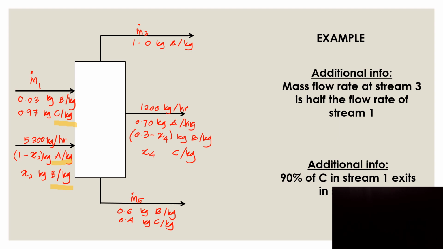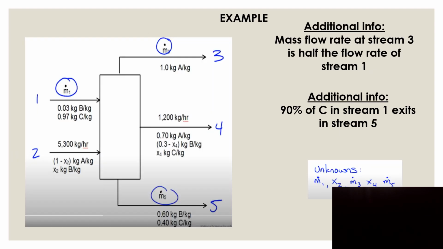And here we have additional info provided in this question. Mass flow rate at stream 3 is half the flow rate of stream 1. Okay, later I will show you. Yeah, for this, the second additional info. For instance, here we have unknown flow rates M1, M2, and M5.